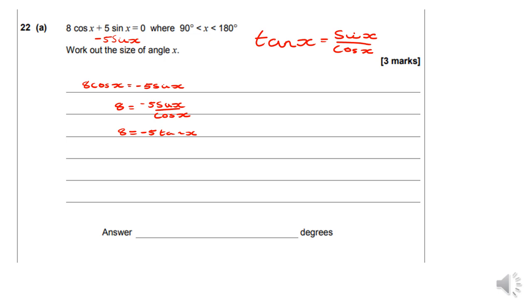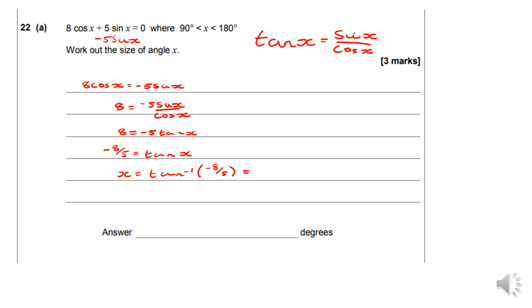Then if I divide through by -5, I've got -8/5 being equal to tan of x. So I do tan to the -1 of -8/5, so x is equal to tan to the -1 of -8/5.